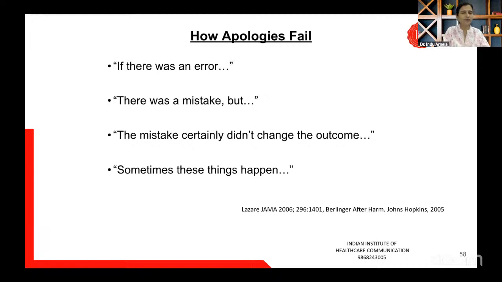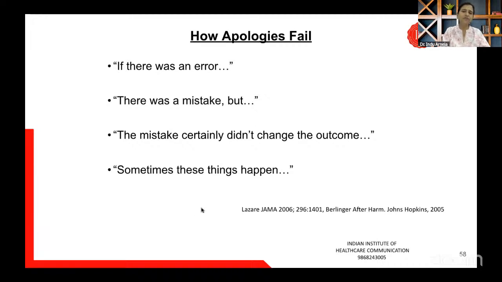When you say this, you are saying it is not a big deal. That's not a good way of giving an explanation. Or, the mistake certainly did not change the outcome, your patient's condition was very serious, he was not going to make it. Unfortunately this has happened, but that wouldn't have changed the outcome. Again, that's not a very good way of apologizing.